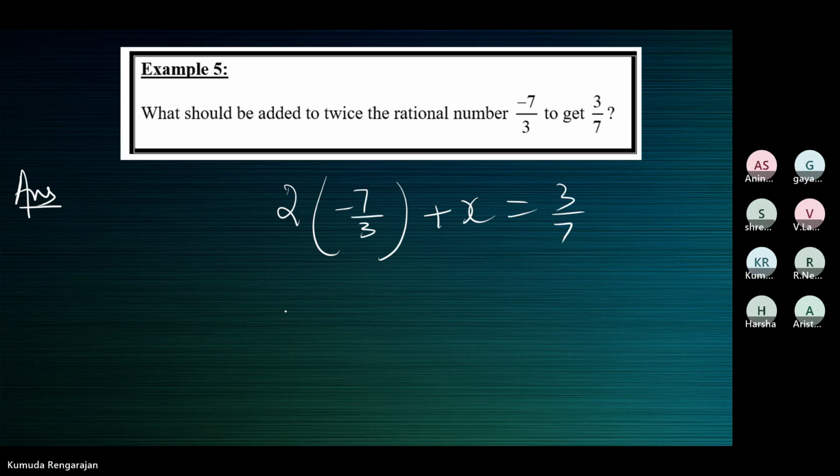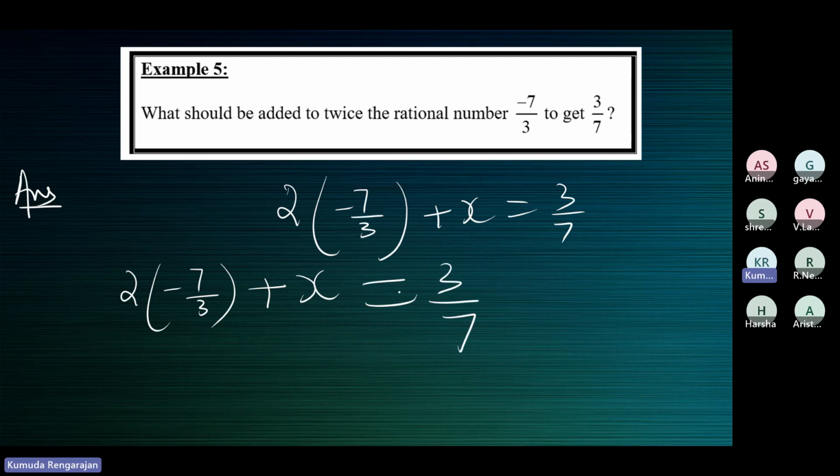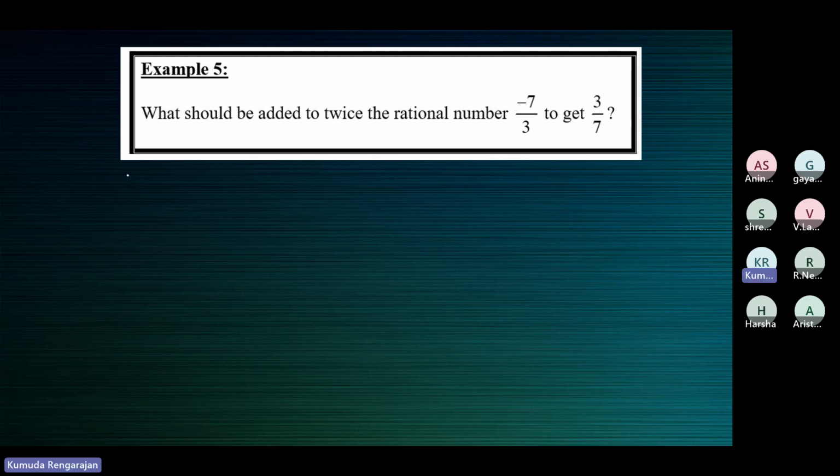Twice the rational number, meaning 2 times minus 7 by 3. What should be added to this? So let x be added, to get the result 3 by 7. So that means it is equal to 3 by 7. As I told you, read the information, and we have to construct a mathematical equation out of the information given.